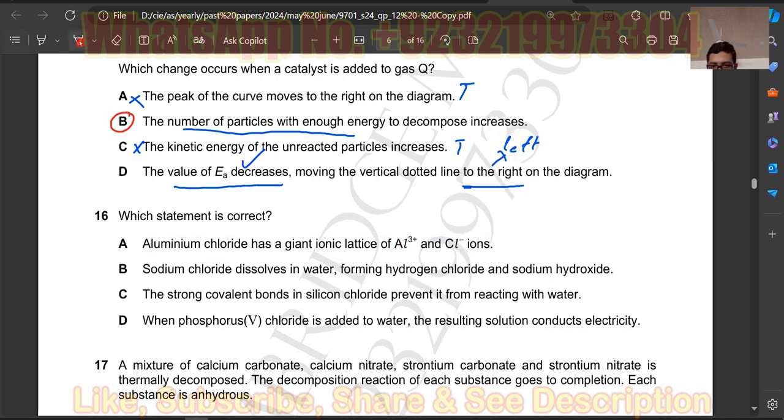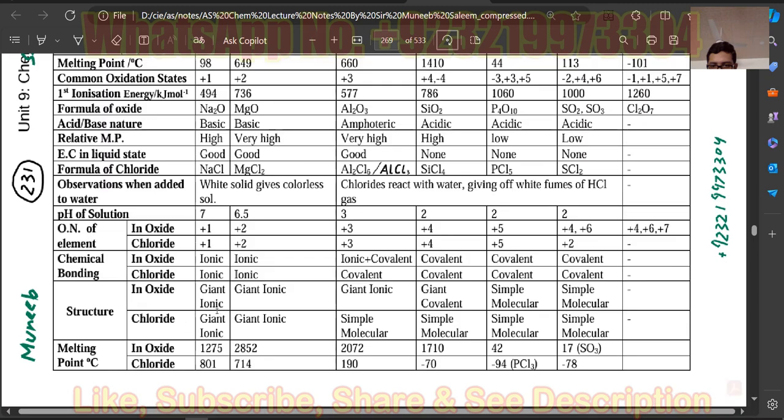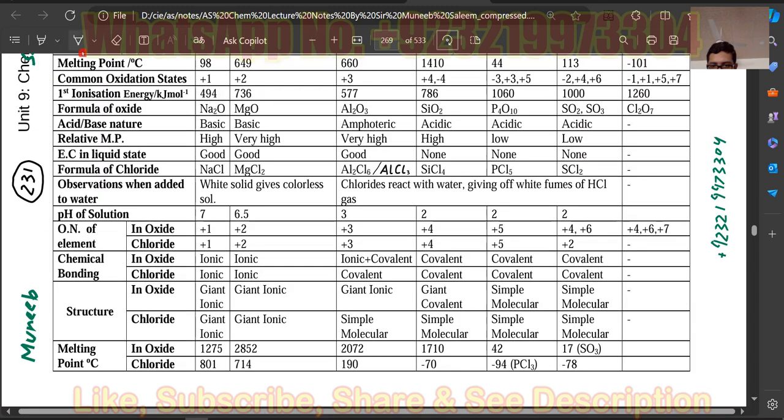Okay, aluminum chloride, if we recall the knowledge of aluminum chloride, then AlCl3 does not have an ionic structure. You can get the idea from my notes.